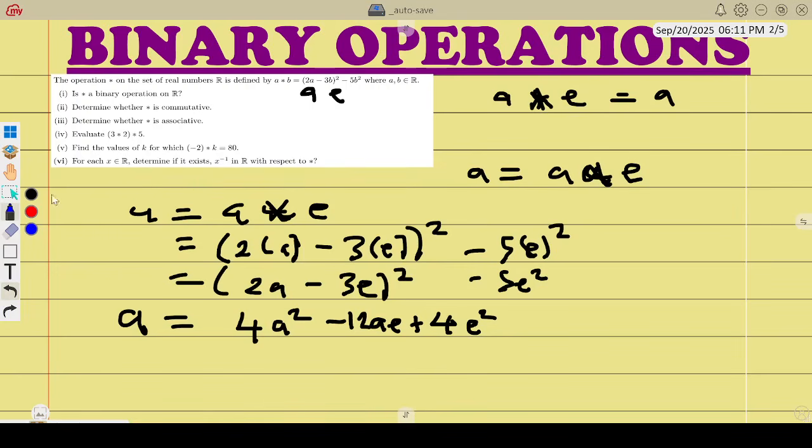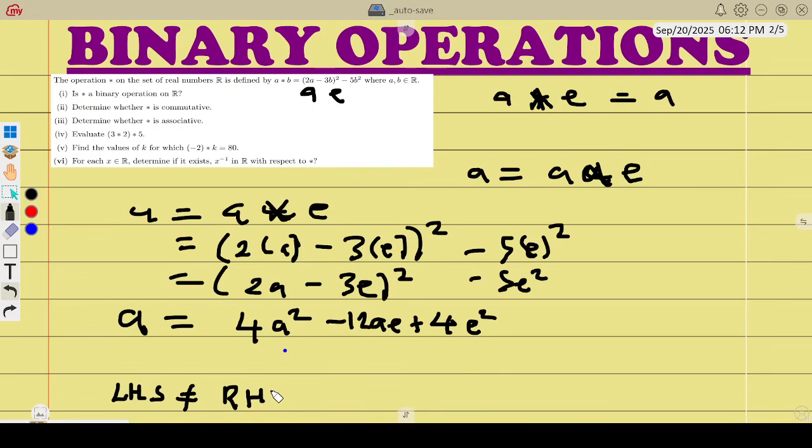So now at this point where we have reached, you can see what we have on the left and on the right. So this expression is absolutely not the same. The left hand side is not equal to the right hand side.